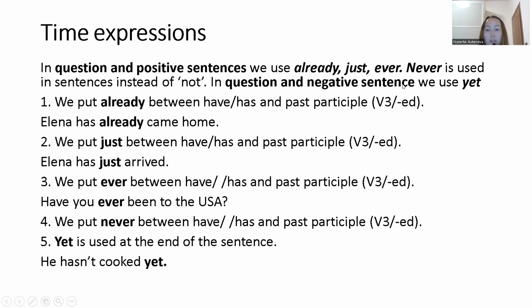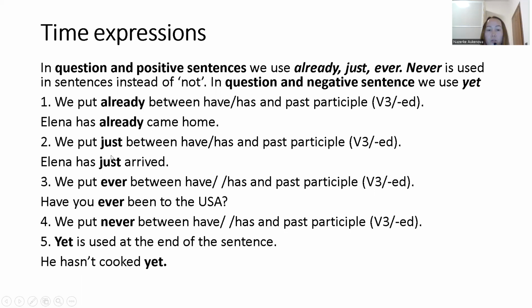In questions and negative sentences we use yet. For example, we put already between have, has, and the past participle, verb 3. For example, Elena has already come home. So you see here has, and then between has and verb 3 we have already.